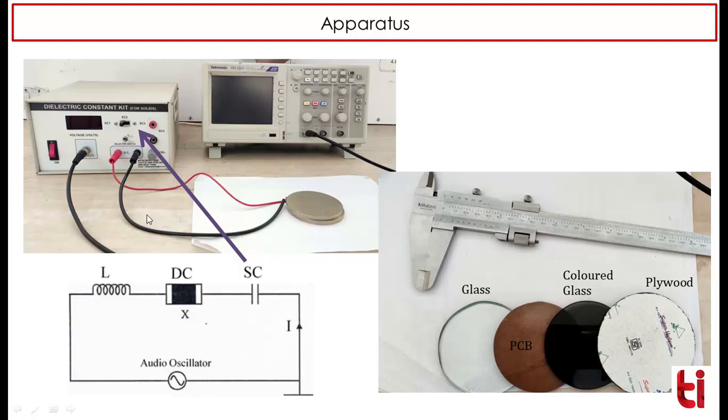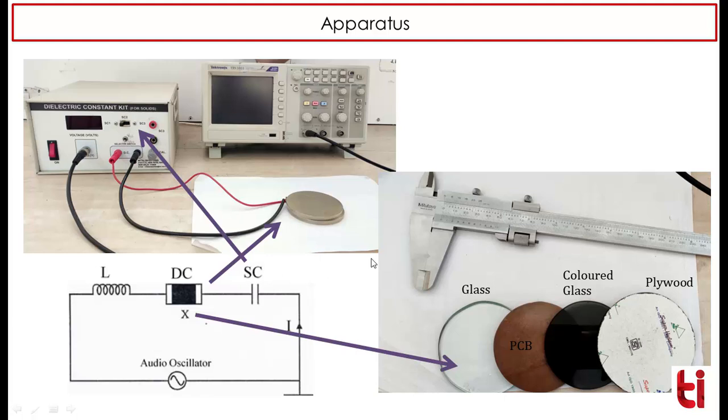The dielectric cell is on the outside of the dielectric constant kit, comprising these two gold coated brass plates, and we need to put in our samples, which are cut in a similar round shape, within these plates to make the complete dielectric cell and do the measurements.